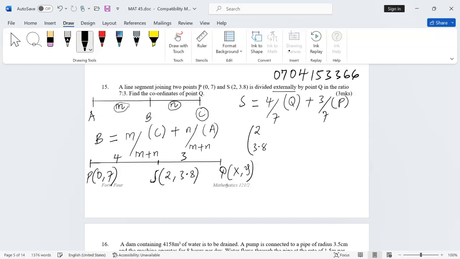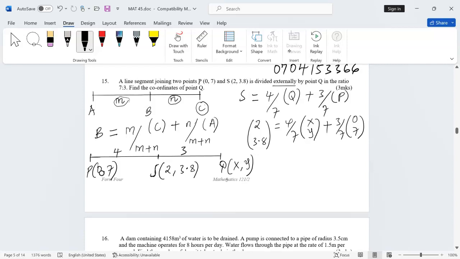I'm writing the position vectors as column vectors, equals 4/7 multiplied by coordinates of Q, which are not known, so just X, Y, plus 3 out of 7, the coordinates of P, which are (0, 7).